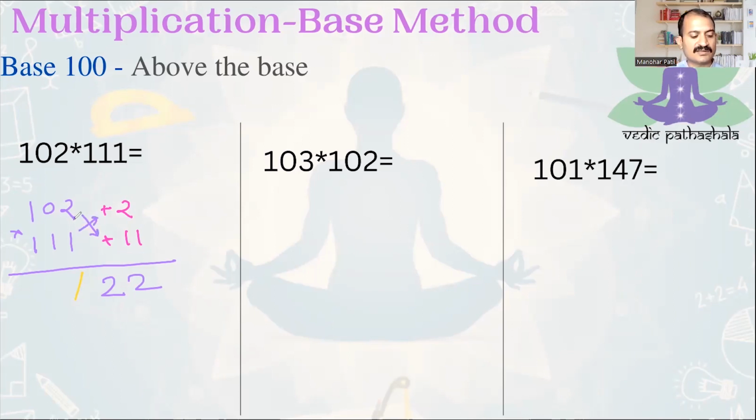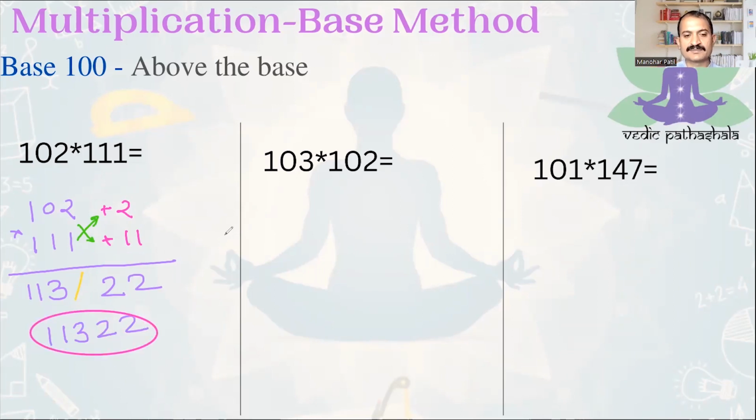So either you add 102 plus 11 or 111 plus 2. Both are the same. So you will get 113. So your final answer is 11322. Right? So this is your final answer.